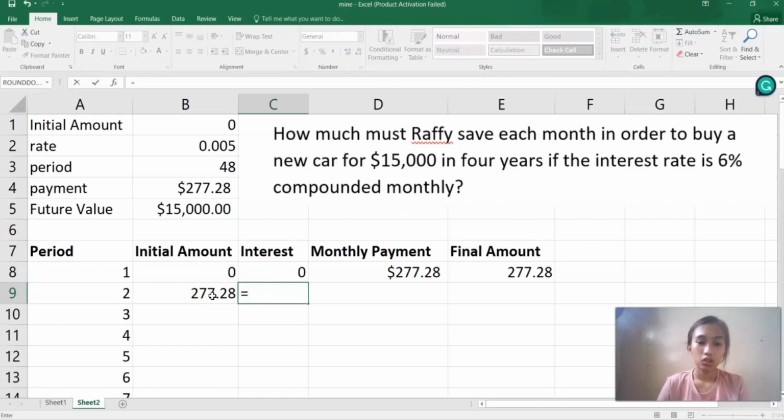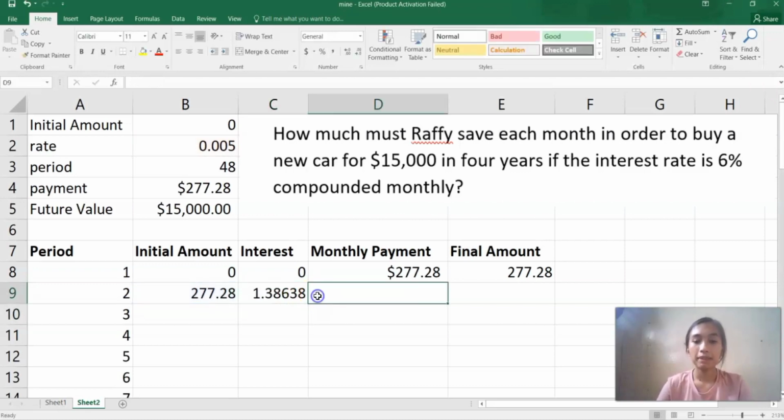So we have our initial amount multiplied by our rate, and then at this point we have to put a $ sign here in the red mark, which is the interest, for us to easily complete the schedule. So later we can just drag down the table. So just click enter.